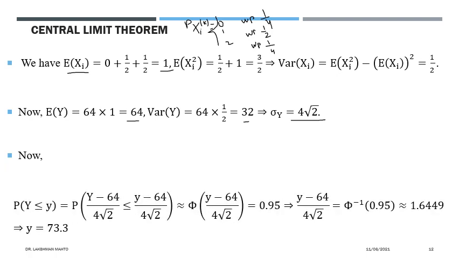Again, in the same situation, we are going to calculate the probability that Y is less than or equal to y, which is greater than or equal to 0.95, but we don't know y.